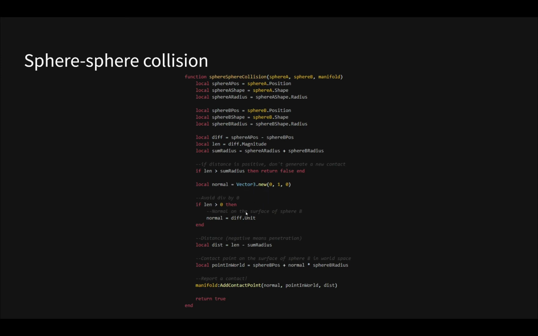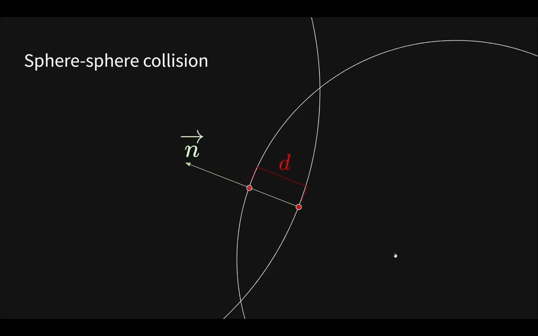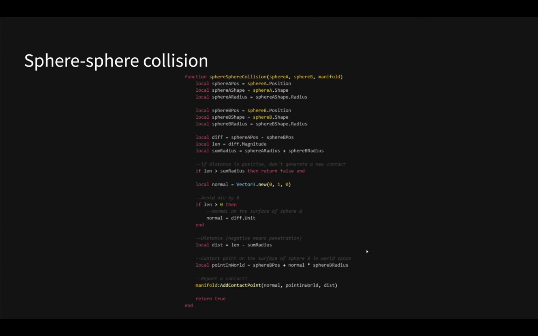We want to avoid dividing by 0 when we try to normalize this diff here. So if the length is greater than 0, then we can set that normal. Then we measure the distance, which is the penetration depth. This distance right here. And negative means penetration.